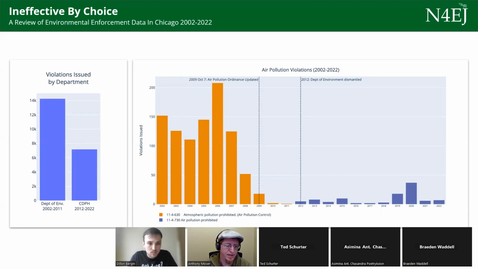That in an 11-year period after they dismantled it, they issued half as many tickets as the 10 years before. And if you're looking at air pollution, which is obviously something that we're super interested in, it's an even more stark drop. So already there was a pretty sharp image starting to emerge there, right?